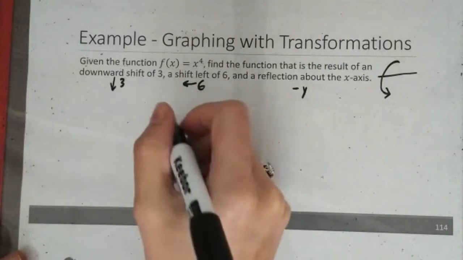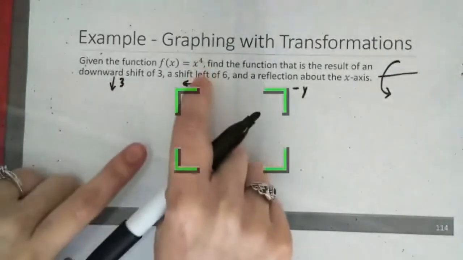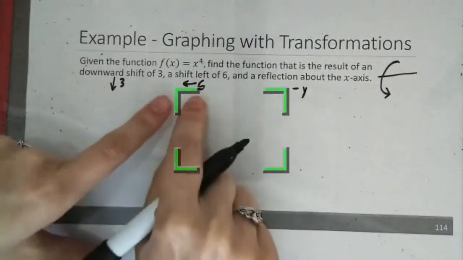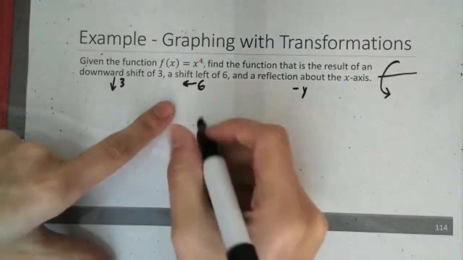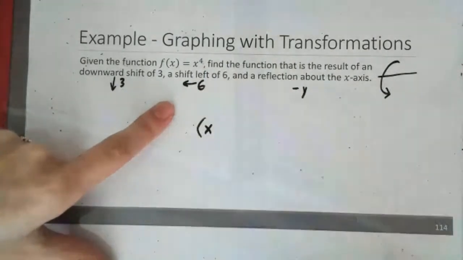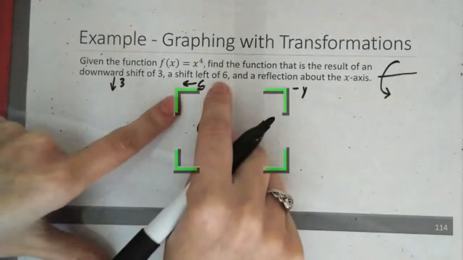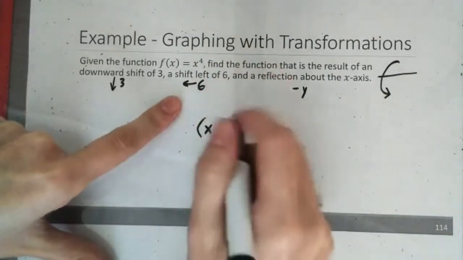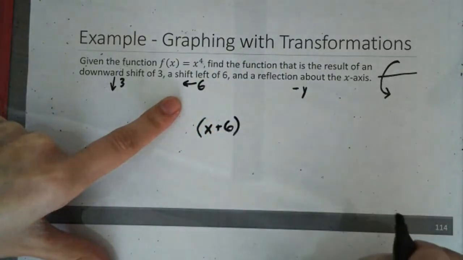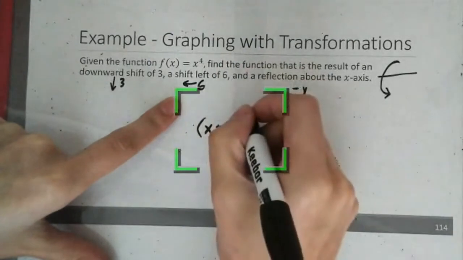So what this is going to look like is, I'm going to kind of do this piece by piece. Horizontal stuff is just the shift left of 6. So instead of just having an x, I need to take that x and shift left 6. But horizontal's backwards, so instead of using a -6, I need to use a +6. So I'm taking that function, putting a +6 on it, and that's raised to the fourth power.